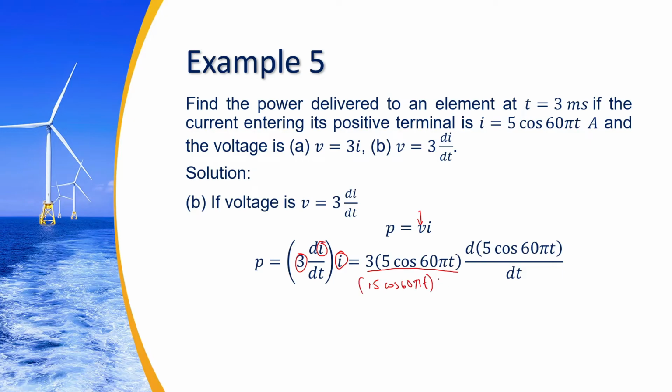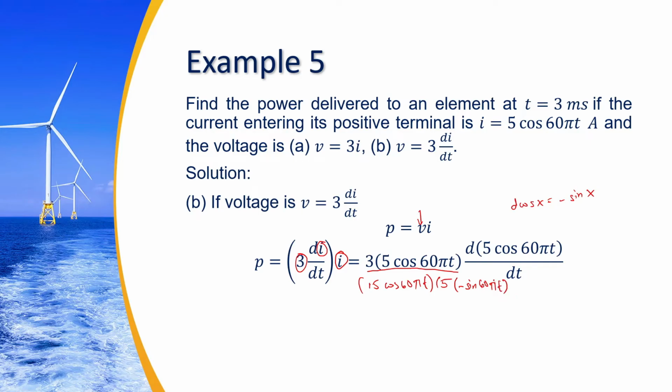Okay? At syempre, kapag derivative natin to, again, the derivative ng cosine ay negative sine. Tama? So, since itong 5 is just a constant, fix natin yan. So, 5 multiplied by derivative ng cosine is negative sine 60 pi t.